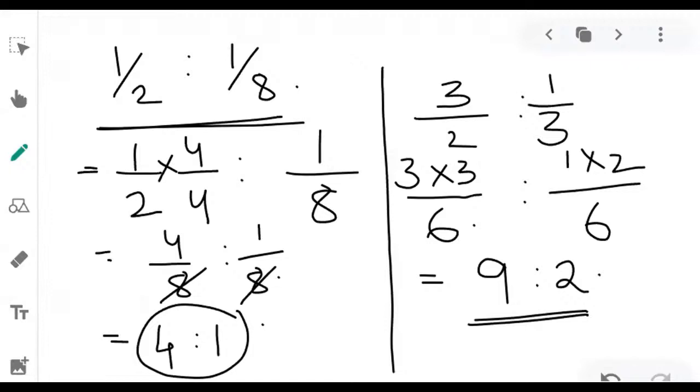To make the denominators equal, we have to multiply both the numerator and denominator by the same factor, right? That is 3 here. And 2 here.